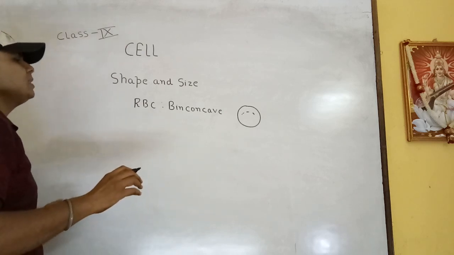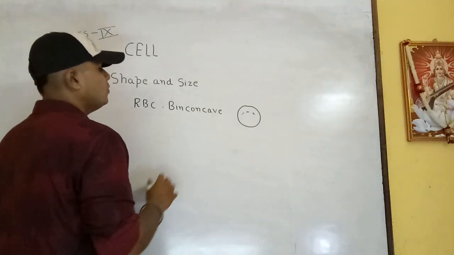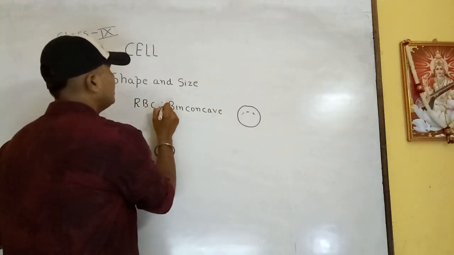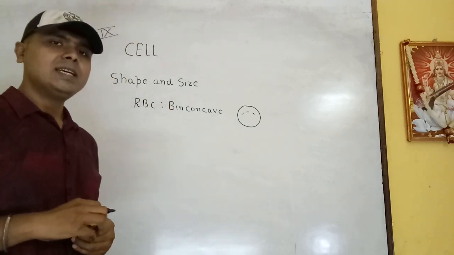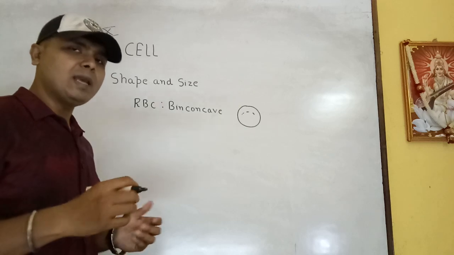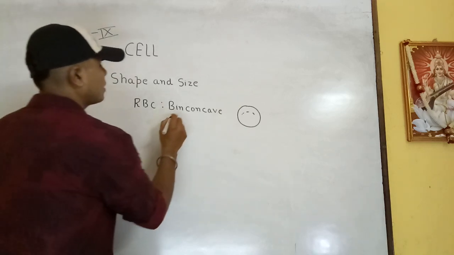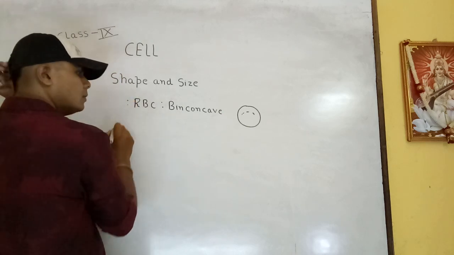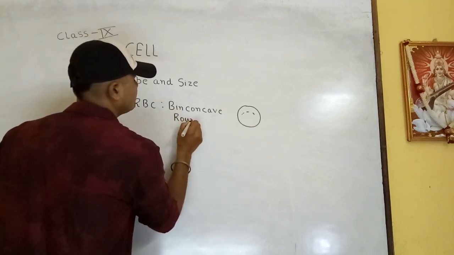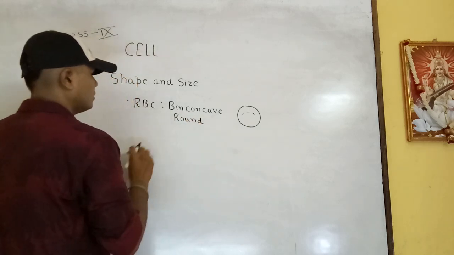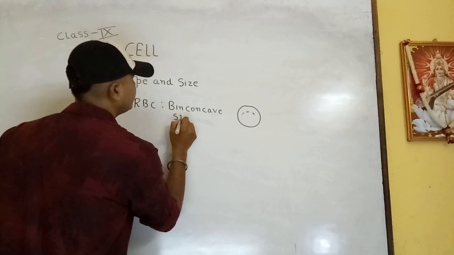So this biconcave shape enables them to have more surface area for exchange of gases like oxygen, which is the primary job of RBC. Biconcave round shape, or the more precise term will be spherical shape.